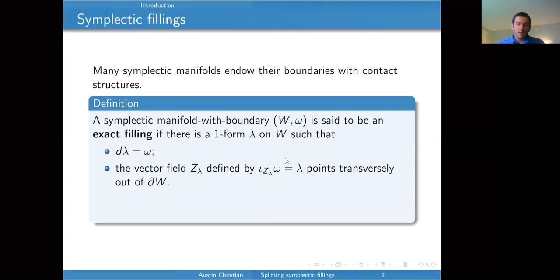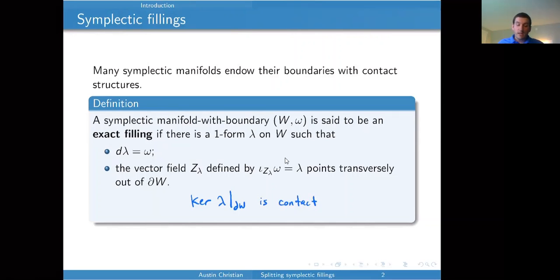Once it's exact, we can define this Liouville vector field via the pairing of our two-form with this one-form, the symplectic potential, which we will call a Liouville form. The existence of this vector field is automatic from non-degeneracy, but the requirement we're imposing here is that it point transversely out of the boundary of our symplectic manifold. If we have such a thing, then the kernel of this one-form lambda, when restricted to the boundary, is a contact structure on the boundary.